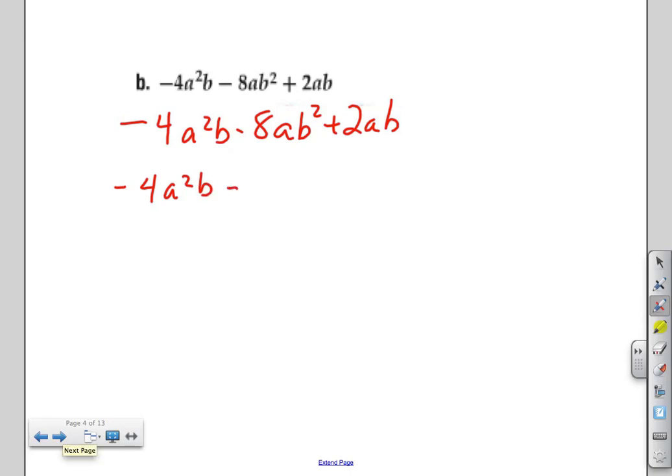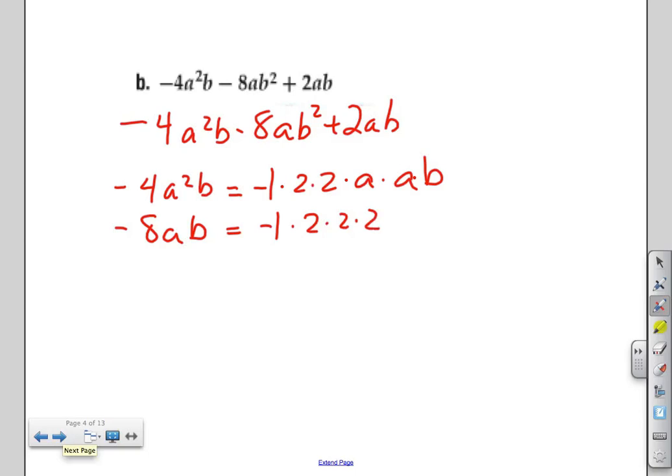That gives us negative 1 times 2 times 2 times a times b. Okay? And then we have negative 8ab, don't we? That gives us negative 1 times 2 times 2 times 2 times a times b. And our last term is 2ab.